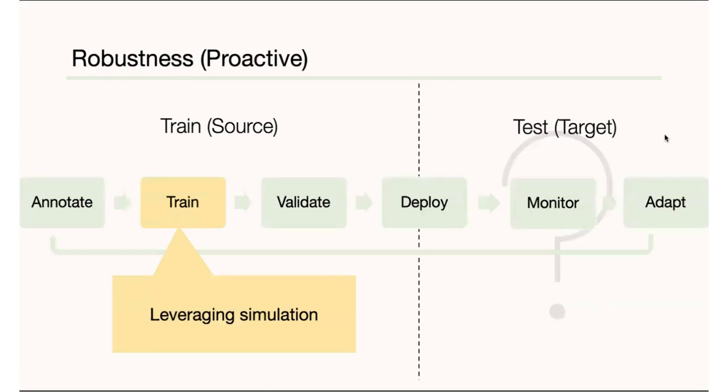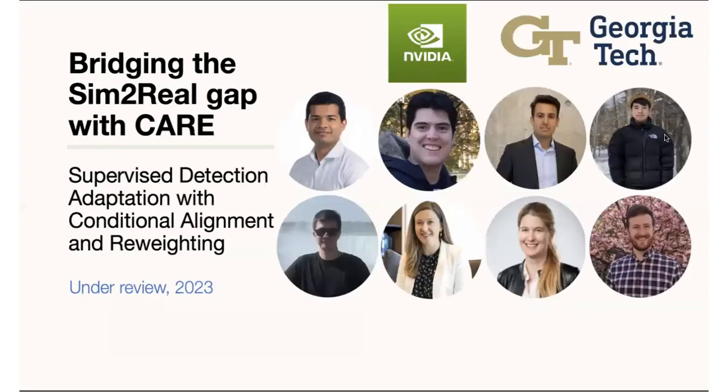Right, so first I'm going to talk about how we can leverage simulation for building more robust models. This was work done in collaboration with NVIDIA Research, and it's a method that we call conditional alignment and reweighting, or CARE.